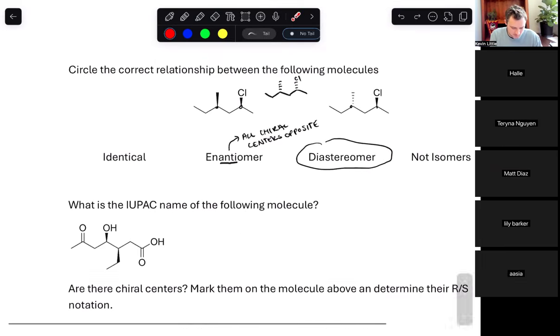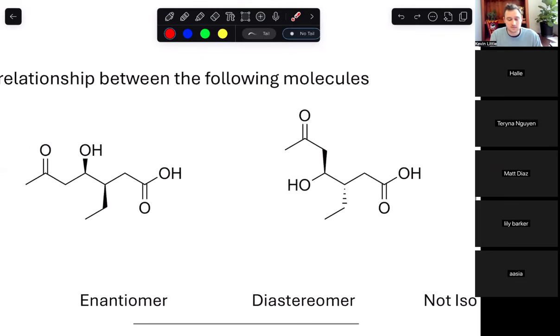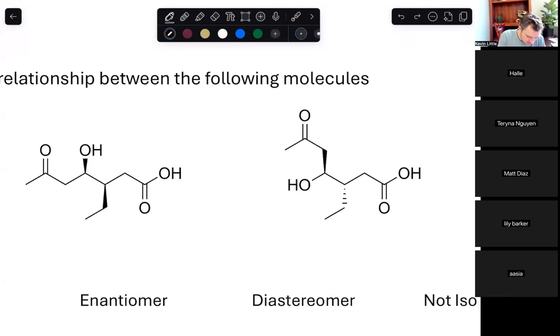Okay, good. Now this one is harder because these molecules aren't lined up perfectly on each other. I don't need to do the RNS of these. I know that these are different from each other, because those stereocenters are aligned and different.